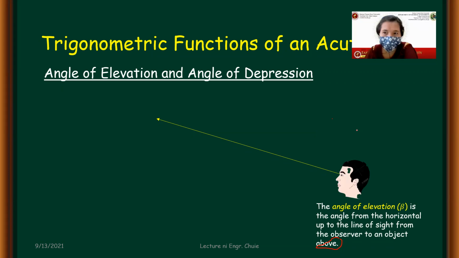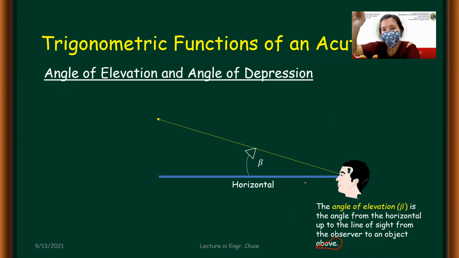So for example, this is the line of sight, the yellow arrow where you see the object above, and this one is your horizontal line. The angle that is cast from that, which you always measure counterclockwise, from here to here, that is counterclockwise, right?